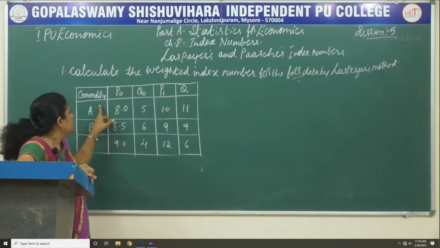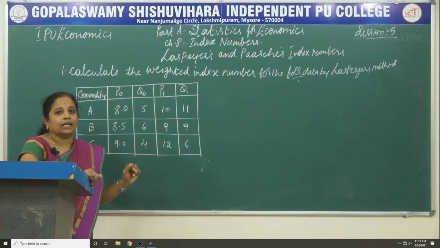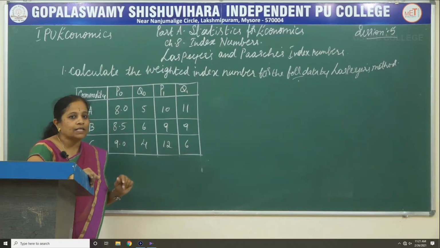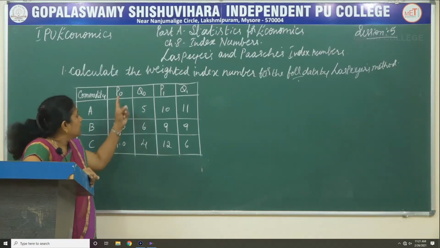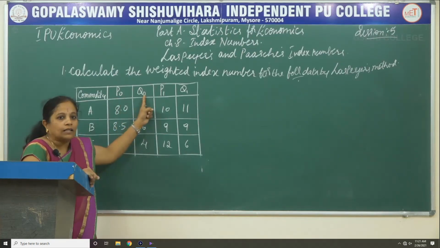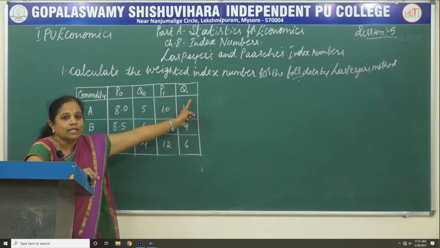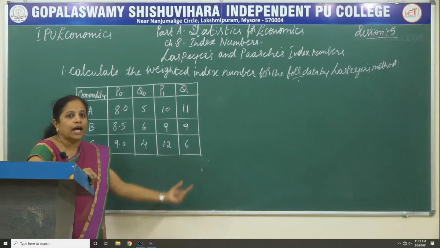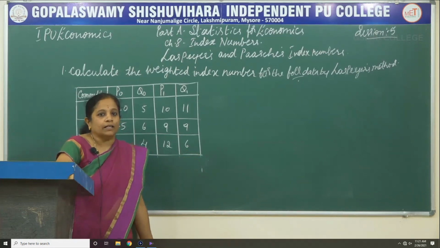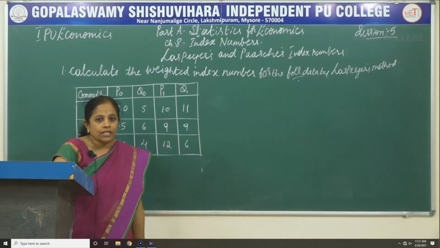For the commodities A, B, C, the details related to the base year and the current year, both the quantities and the prices, are given for three products, A, B and C. P0 and Q0 are the prices and the quantities of the base year, and P1 and Q1 are the price and the quantities of the current year. So by using this data, we should find the index number by the Laspeyres method. Now let us put the formula and work it out.